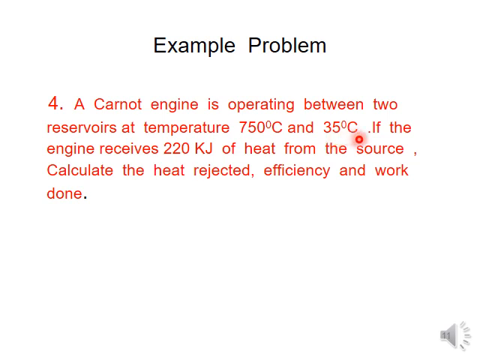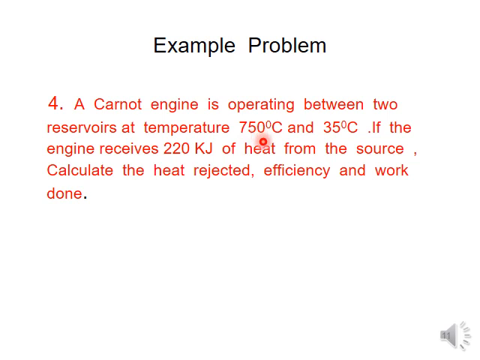The engine receives heat, meaning we are giving heat to the system, Qs or Q1, 220 kilojoules from the source. They are asking for the heat rejected, Qr, the efficiency and the work done. We know that work done is equal to Qs minus Q rejected. The heat supplied is already given, and we know the efficiency formula.